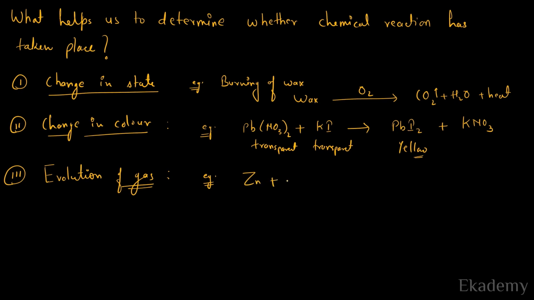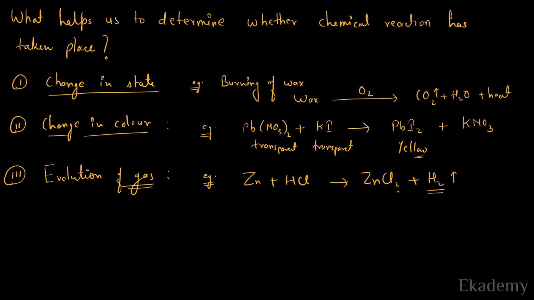Zinc, when it reacts with HCl, forms zinc chloride along with hydrogen gas, which evolves out of the mixture. You must be seeing that I am using this upward arrow sign in front of gases because they evolve out of the mixture. So for gaseous products, we use the upward arrow sign.